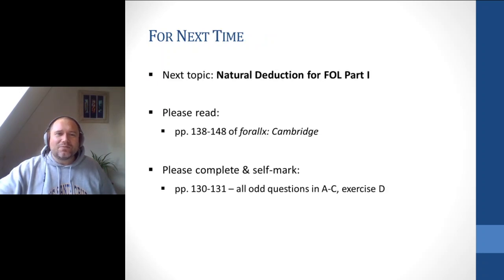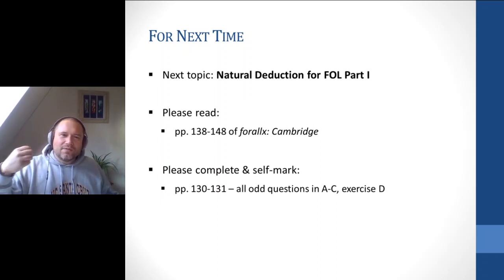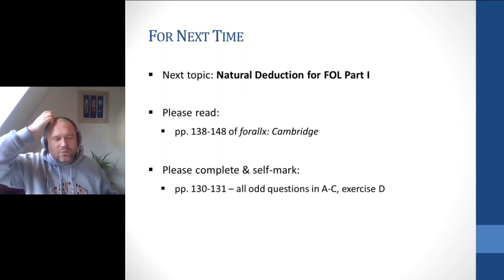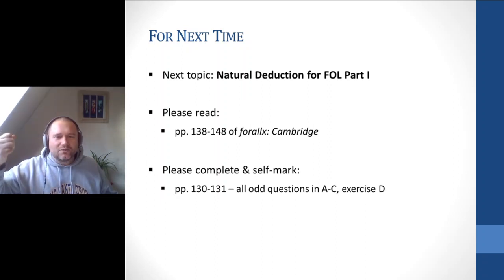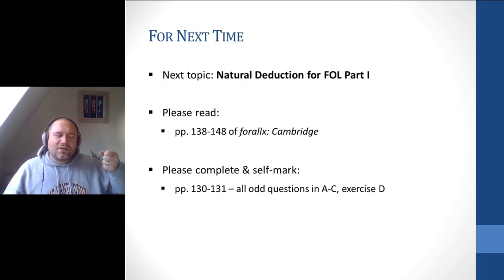Which of course means what we're going to do next is natural deduction for first order logic. Now this is where we actually get our money's worth. Because you'll note when we were talking a little bit about the proof theoretic notions, there is this lovely kind of parallel between what we can define in terms of the single turn style and the stuff we can define in terms of the double turn style.